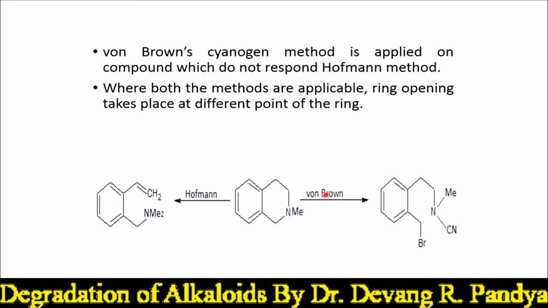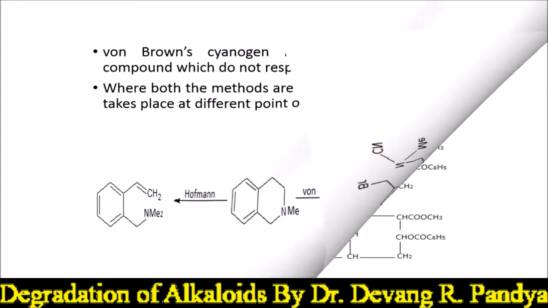If we have this compound and we perform the first von Braun method, we can substitute from either side. That means not from here but from here, we can cleave the compound and we can get this cyanobromide derivative, and then we can substitute the nitrogen. So that is how the first von Braun method is another alternative to overcome the limitation of the Hofmann degradation process in alkaloids.